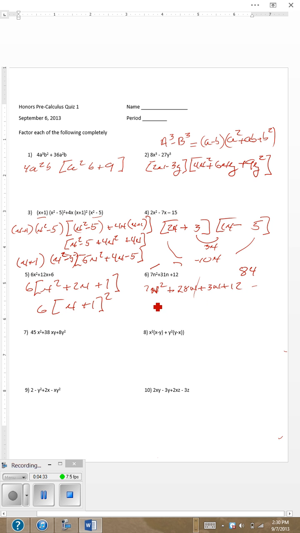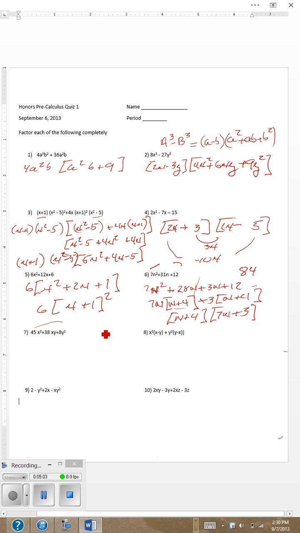Split it in the middle. Common factor from the first two, 7n, common to n plus 4. Common factor in the second two, 3. Bring down the sign. Common to n plus 4. Factored. Now, common binomial factor, n plus 4, common to 7n plus 3. Is now factored.